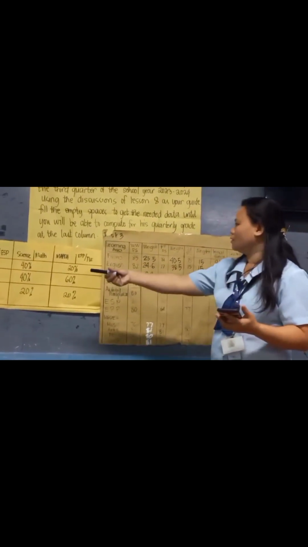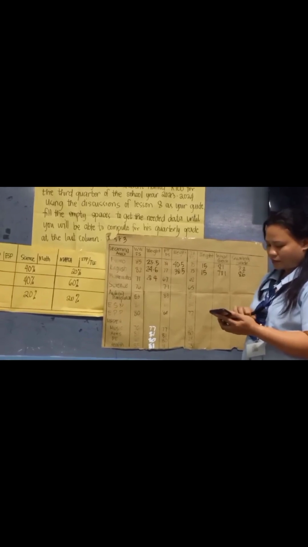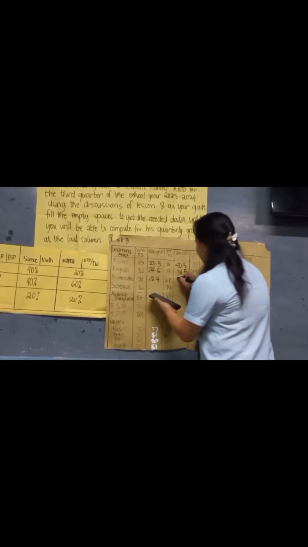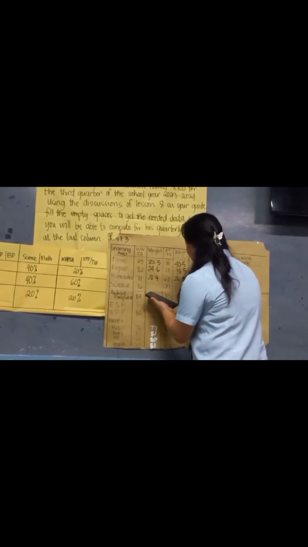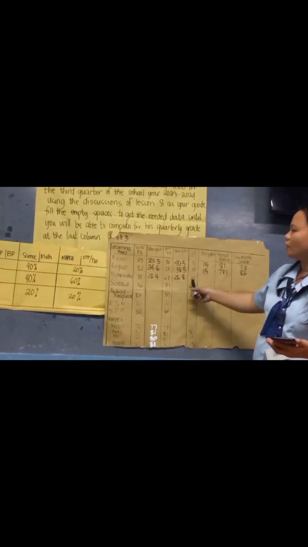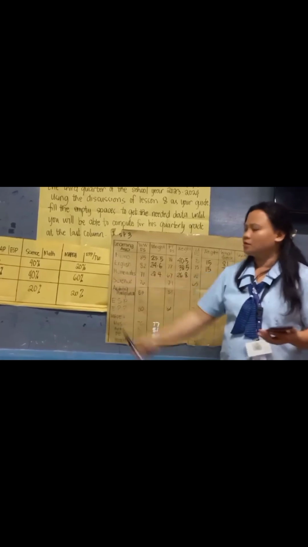And then in the performance task, we have 40% as well. We have here 67, so we're going to multiply that by 40%. So it is 26.4. Next is the quarterly assessment, which we have here 62, and then we're going to multiply that by 20%.